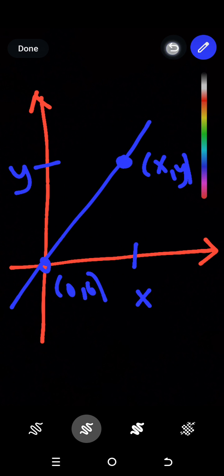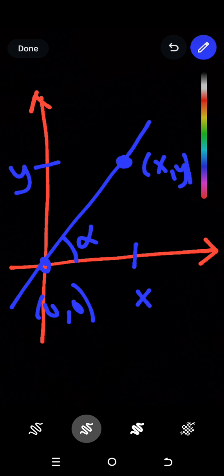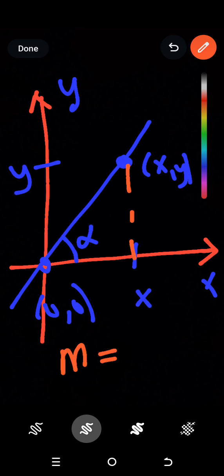That's the origin 0 0. Now this line is making an angle of alpha, for example, with the horizontal, that is with the x-axis. Then if I ask you to find the gradient of this line, you tell me that the gradient is equal to change in y over change in x, because we already have 2 points on the line.